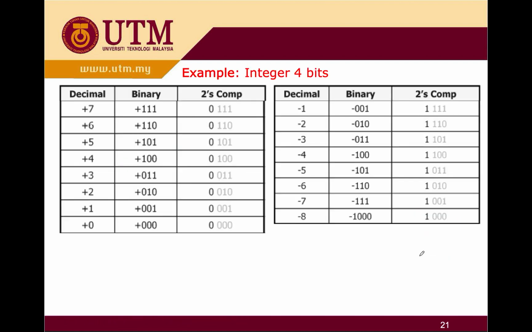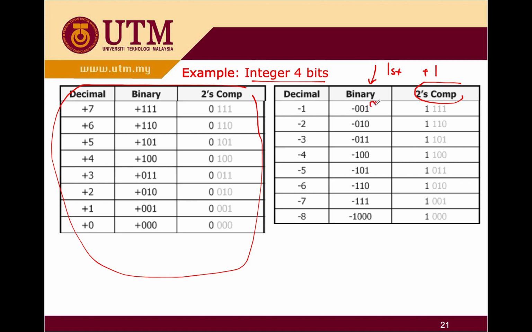Let's look into another example. This one is a 4-bit integer. As I mentioned, for positive there is no problem. But for negative, first you need to find the first complement. Then for the second complement, you add 1. Let's say over here you have negative 0 0 1.